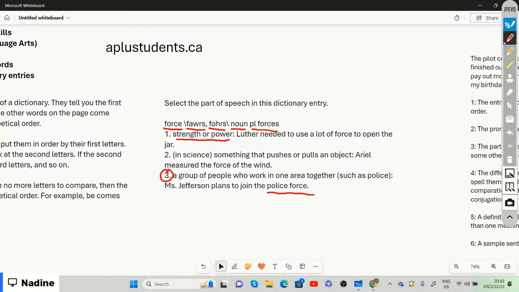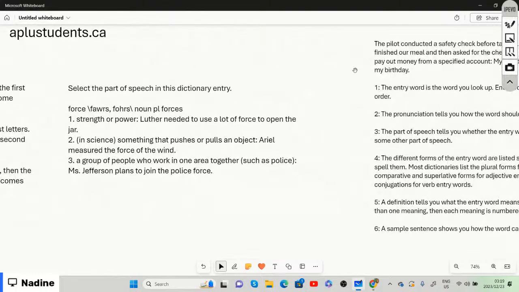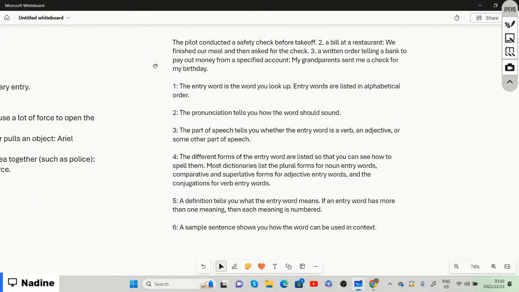It's a group of people who work in one area together, such as the police force. That has got nothing to do with strength, right? Like physical strength. So the dictionary guides us and makes it much easier for us to navigate our way through the dictionary, finding certain words and making meaning of words.